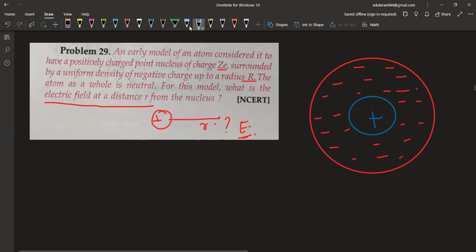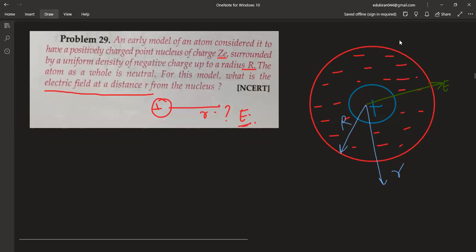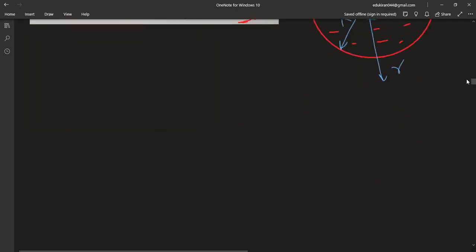One thing that it is definitely telling is that this is radius capital R. Electric field is existing, but the electric field has to be calculated at a separation r, smaller or greater than R from the nucleus. Class, now pay attention to it because this involves a little concept of your atoms, which you have already studied in modern physics.